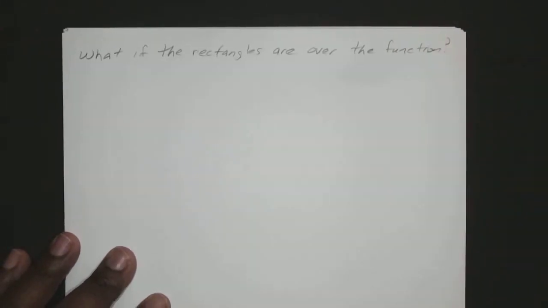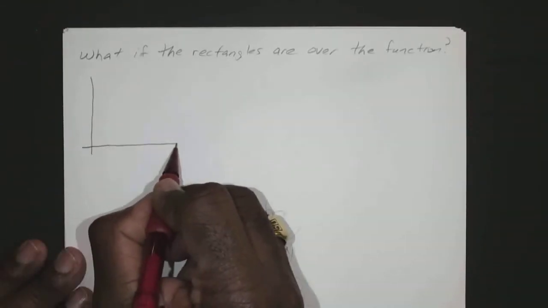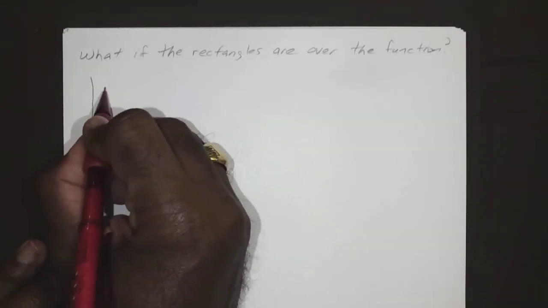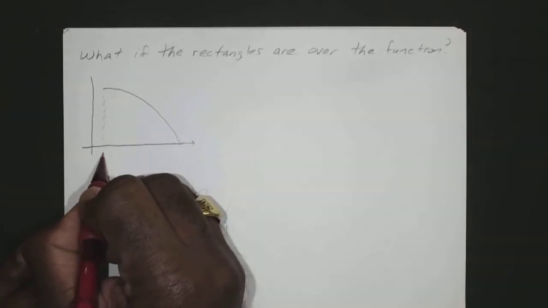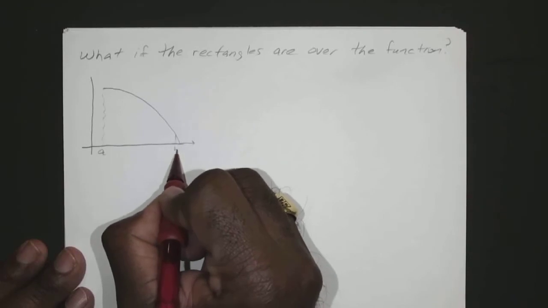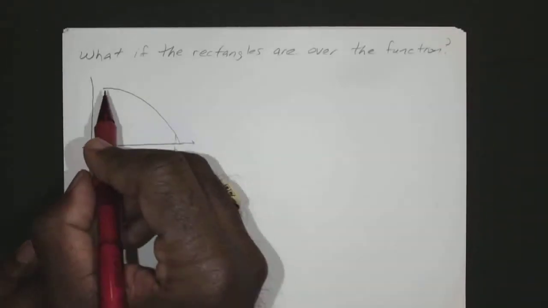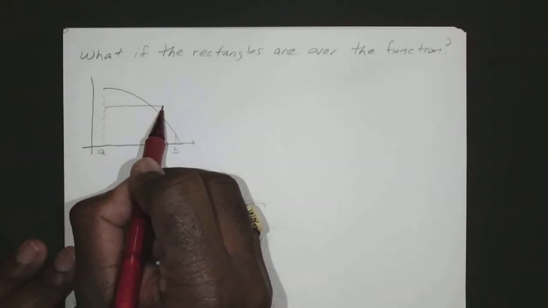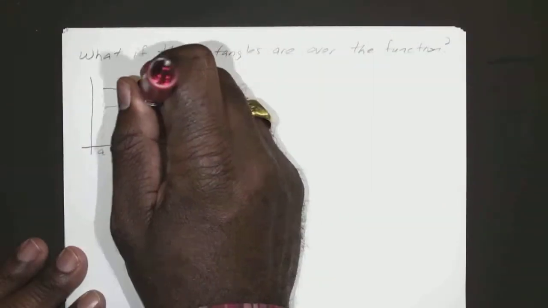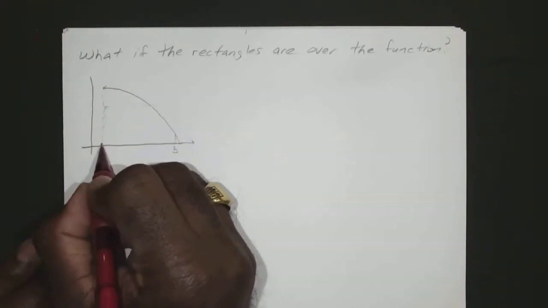Okay. So let's start with our same graph. So we have a graph here. It goes from A to B. Let's say this is our A, and this is our B. But this time, instead of going underneath it, our graph goes over it. No, better yet, let's start right up at the top. Okay, so we have a rectangle.